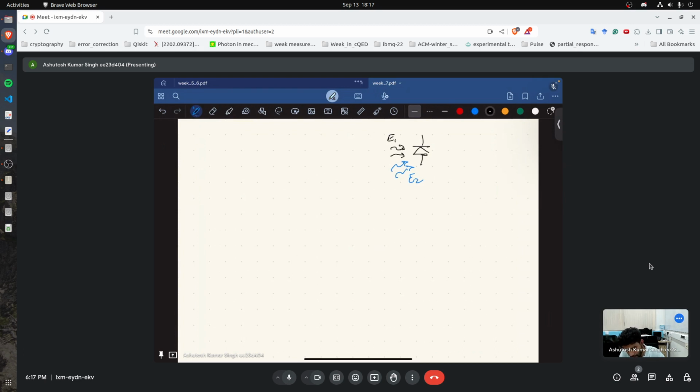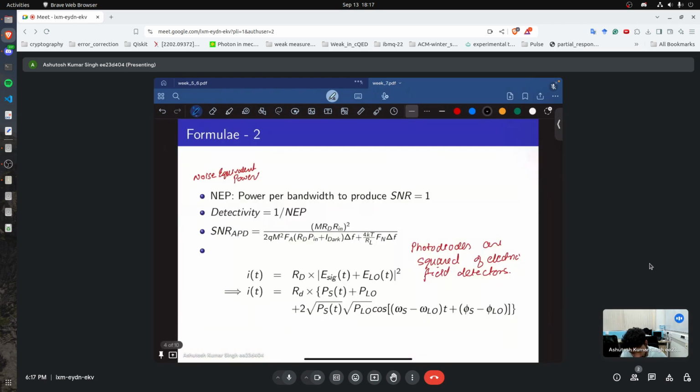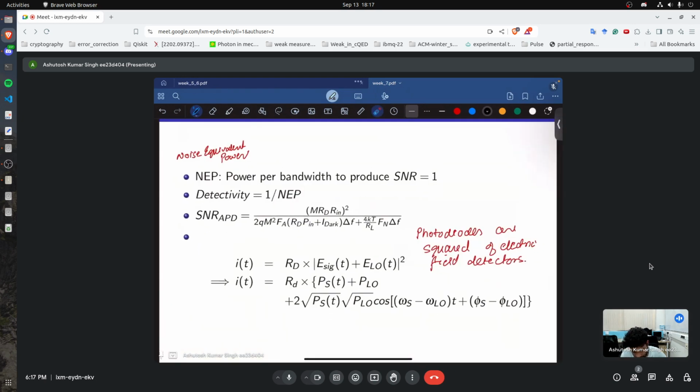Now the current output, which is given in this case, the current output is R_D times (E_sig plus E_LO).